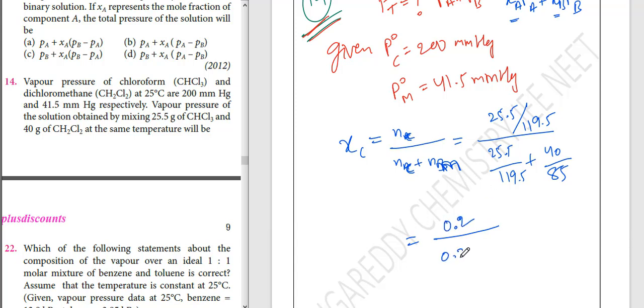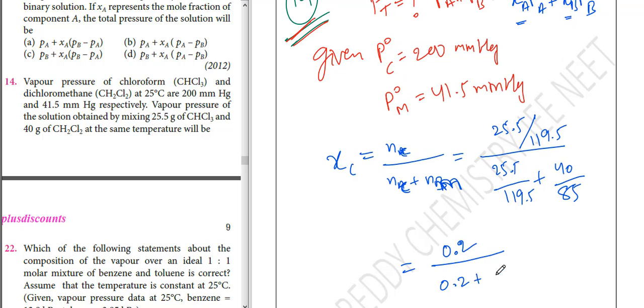Then 0.2 plus, 40 by 85 is nothing but almost 0.5, near to 0.5, that means 0.47. Okay, 40 by 85. So this value we will get approximately 0.3. You can do this.